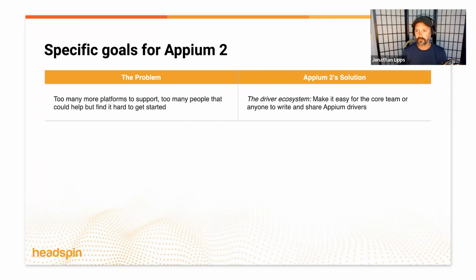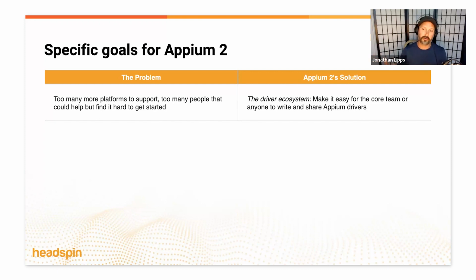So these drivers have the responsibility of mapping WebDriver API calls to specific automation behaviors on the platforms that they're trying to support. And as one of the 3 to 5 people on the Appium core team, my background is in web development and backend development and Node.js development and things like that. I'm not a Tizen TV developer. I'm not a Roku developer. So it's going to be very difficult for me to maintain platform support for those platforms that I don't really know anything about.